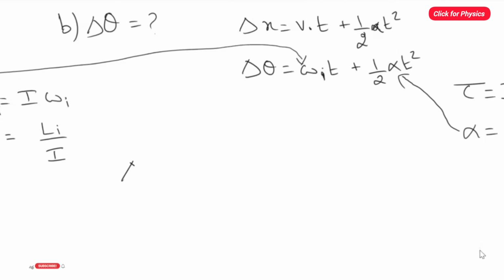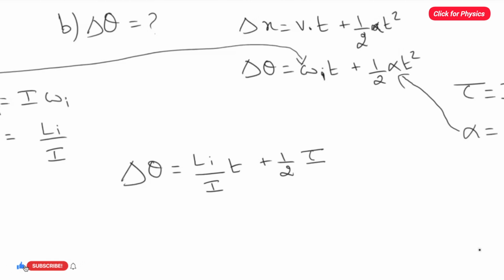We will get delta theta equal to, in place of omega I, Li divided by I multiplied by T, plus half, in place of alpha, torque tau divided by I multiplied by T square. Clear?